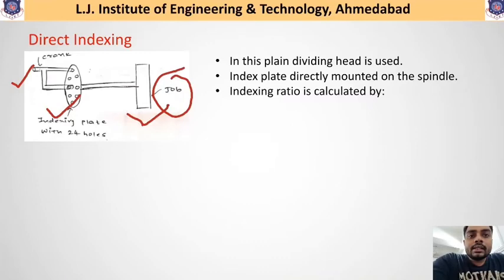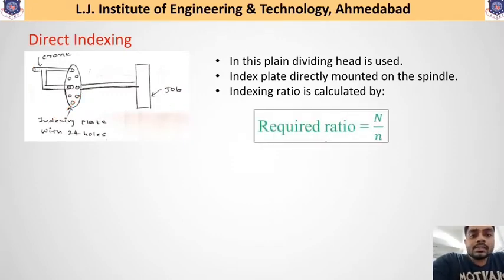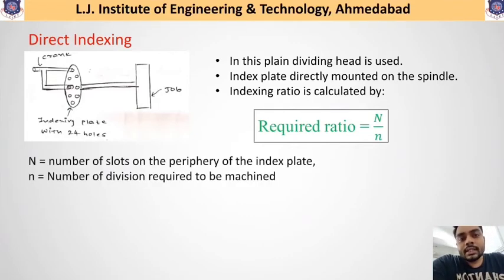To calculate the indexing ratio required for any machining operation, you just need to use the simple equation that you can see here. The required ratio can be obtained by capital N divided by small n. What is capital N? Capital N is the number of slots on the periphery of the index plate. As you can see from the figure, this indexing plate has 24 slots on its periphery.